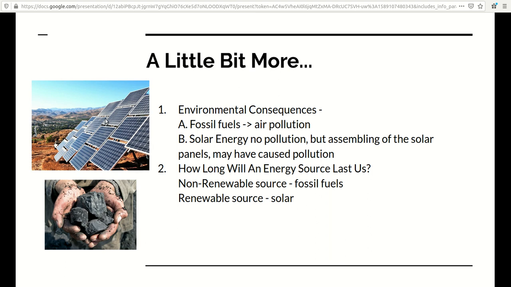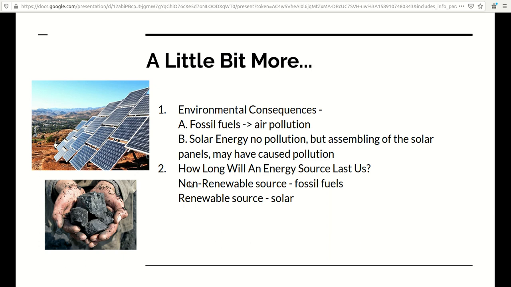So finding a truly pollution-free solution to energy sources is kind of hard, and we are still working on it. Whatever source of energy we're using, we have to think about the environmental consequences, because we have to live with the consequences.